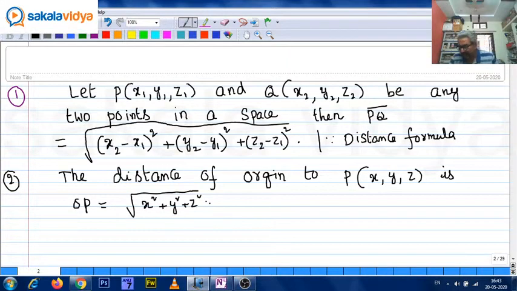Understood now? The distance from origin to any point in the space P x comma y comma z is OP, or OP bar, you can say no problem, equal to root of x square plus y square plus z square. Okay.